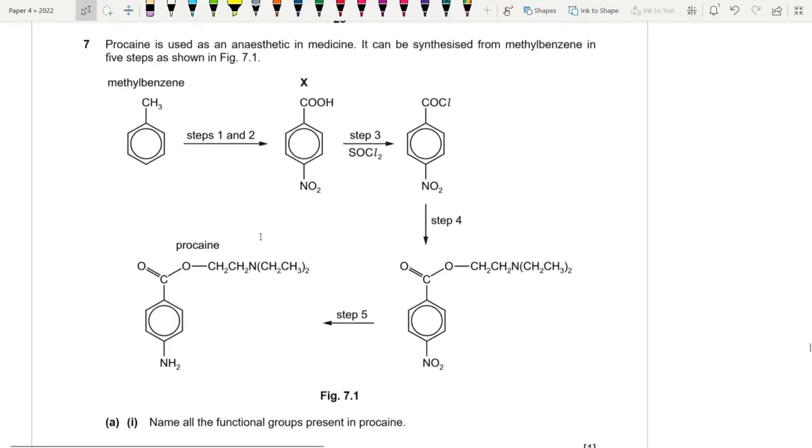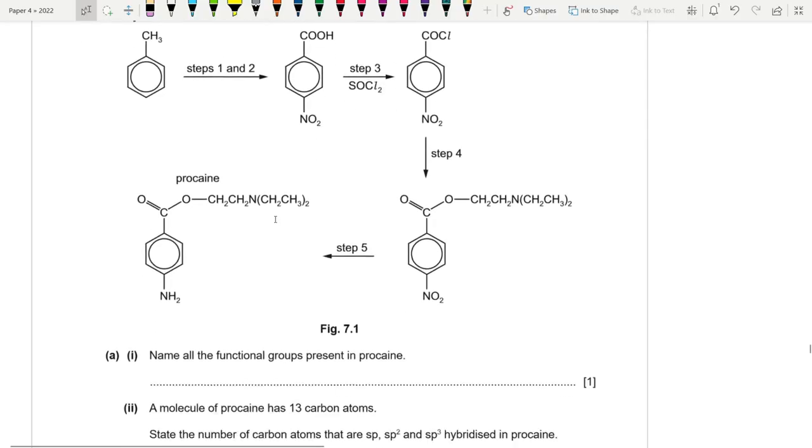Name all the functional groups present in procaine. So in procaine, this compound over here, clearly we have the aryl group. We have a phenylamine. If the NH2 is connected to the benzene ring, you have to write phenylamine. This one is the NH2 below. Then we have the COO group, which is basically an ester.